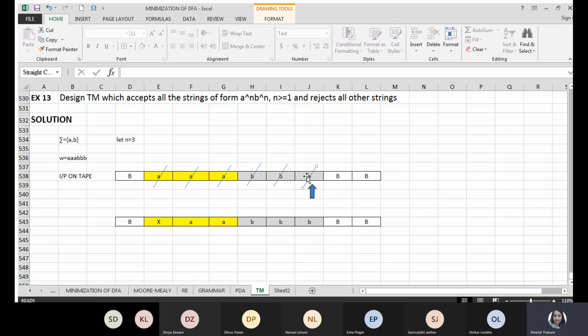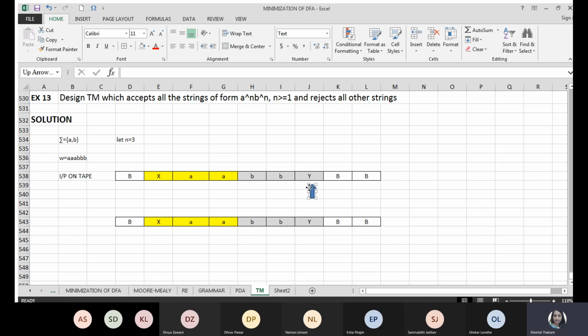Left में you will find this B. You will convert B to Y. So a pair of AB got marked. This is X, this is Y.